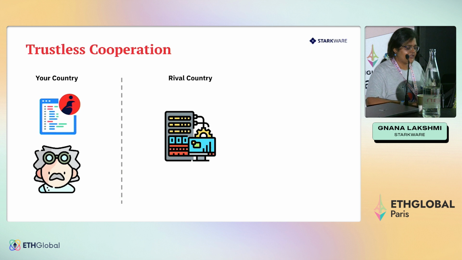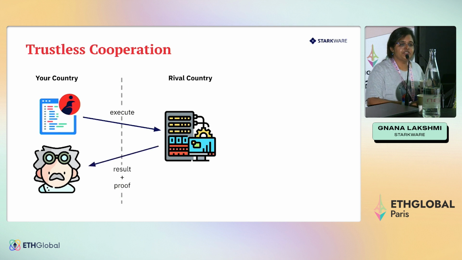However, when you write a program in a programming language like Cairo, when you execute this program in any supercomputer, for example, in this context, or any computer for that matter in the world, it will not just execute that program, it will also generate a result and a proof for you.